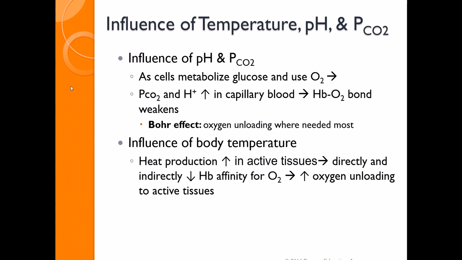So we get our most active tissues getting the oxygen the most, and it comes off very easily. Again, heat production, that's an active tissue thing. And so it directly increases the amount of oxygen we get to our active tissues. Just by the very act that they are needing it means that they can then get it, which is kind of cool.